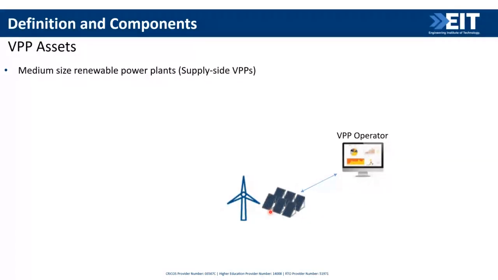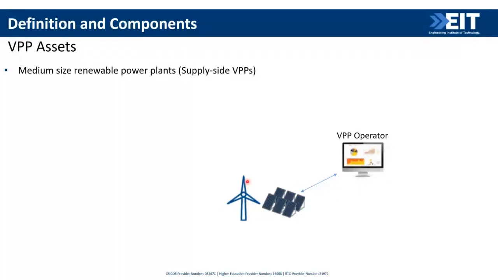Most of the VPPs in Europe, and especially in Germany, are based on medium-sized renewable power plants, especially wind farms. These types of VPP are called supply-side VPPs because their assets are only supply systems or generation systems.